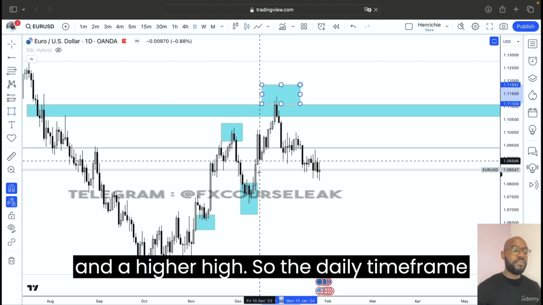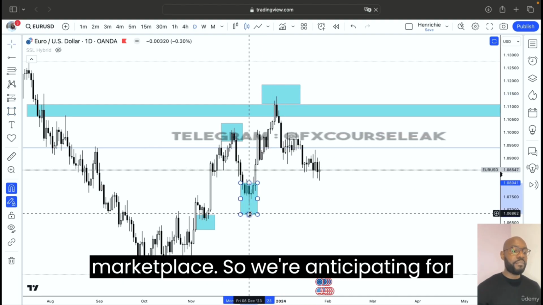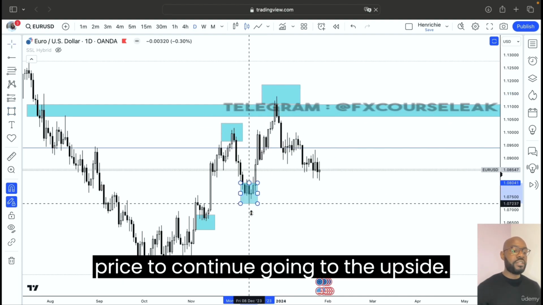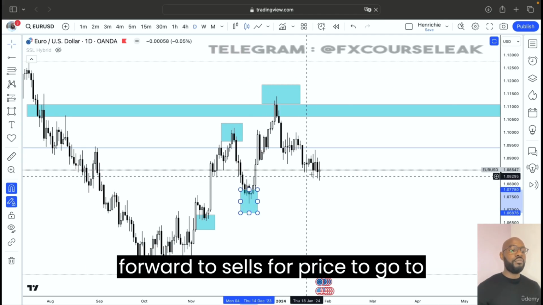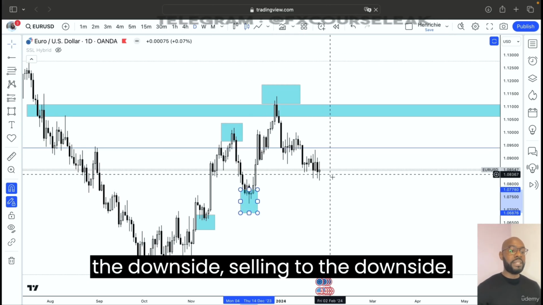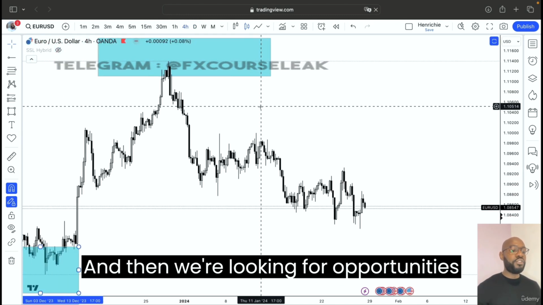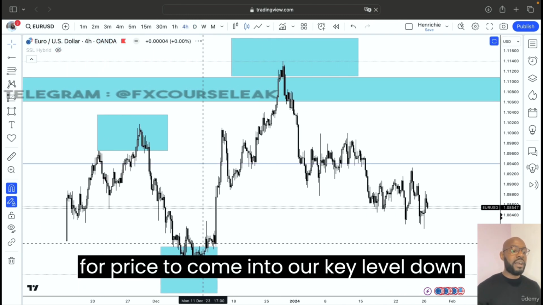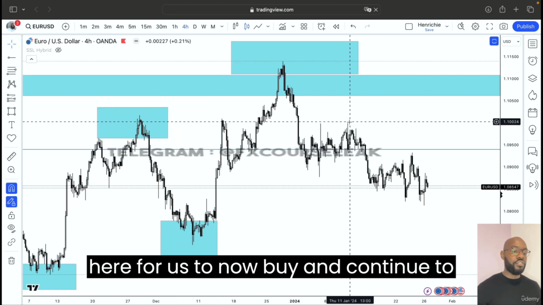So the daily time frame is showing us bullishness in the marketplace, and we're anticipating price to continue going to the upside. But in the meantime, we will be looking for sells as price goes to the downside, and then we're looking for opportunities for price to come into our key level down here for us to now buy and continue to the upside.